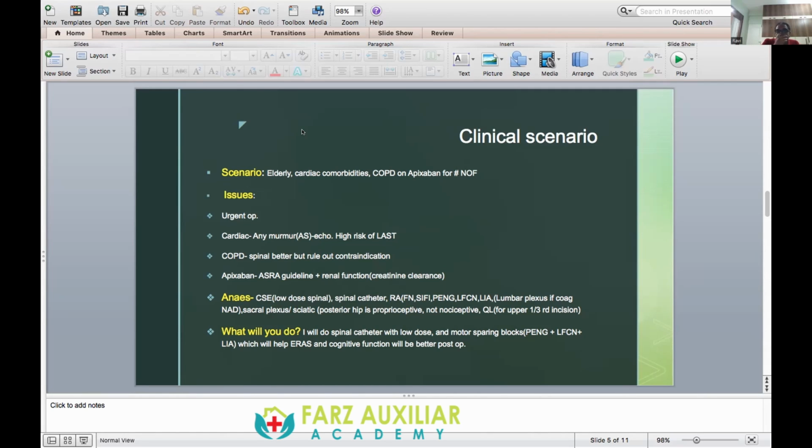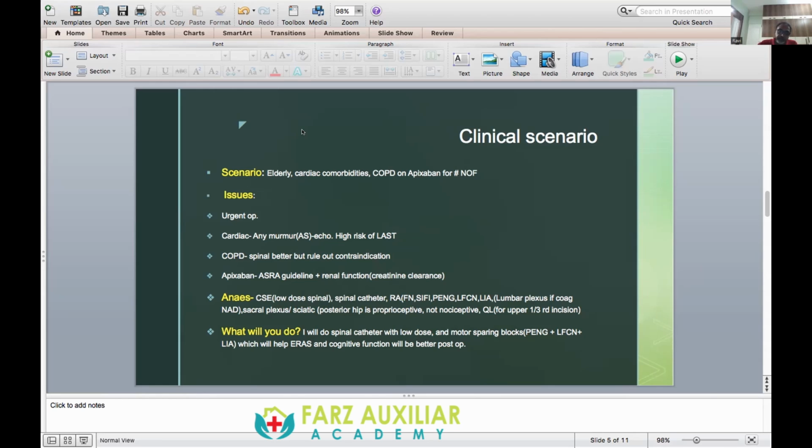Then comes the COPD. Always think that spinal is better, and you should tell in the exam that I feel spinal is better. But again, rule out the contraindications with the apixaban and the aortic stenosis. If there is apixaban, read the joint ASRA and ESRA guideline. Then you have to tell in the same breath what the renal function or creatinine clearance is.